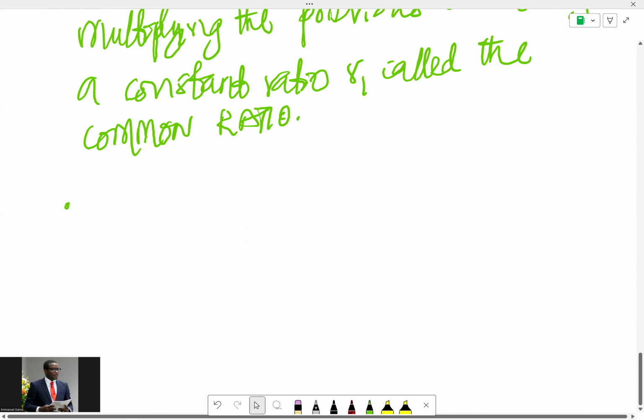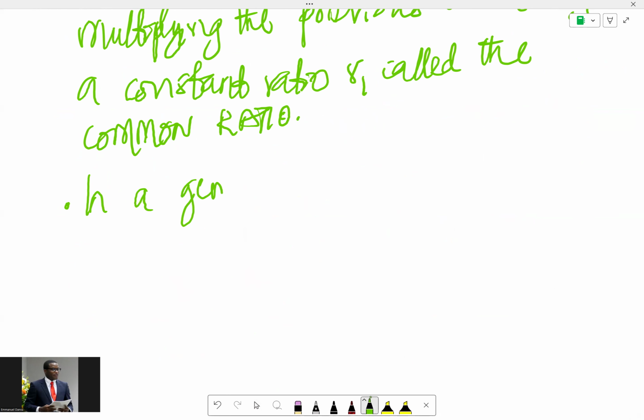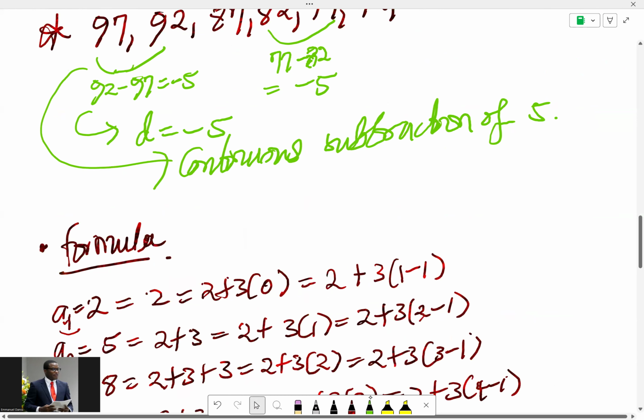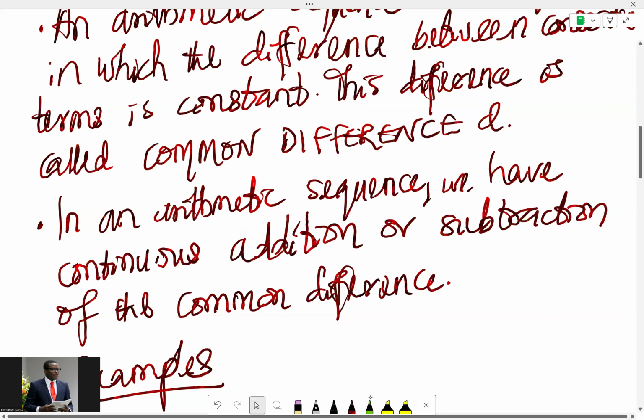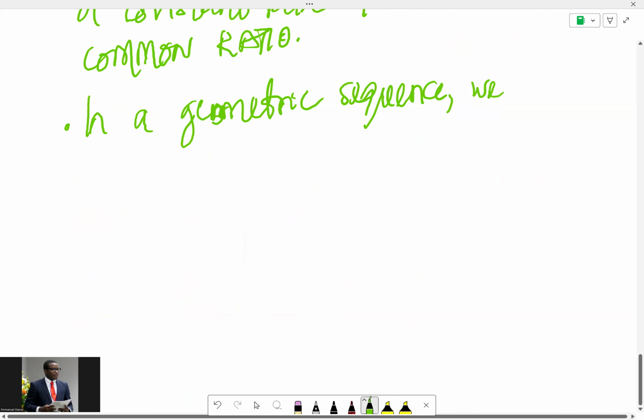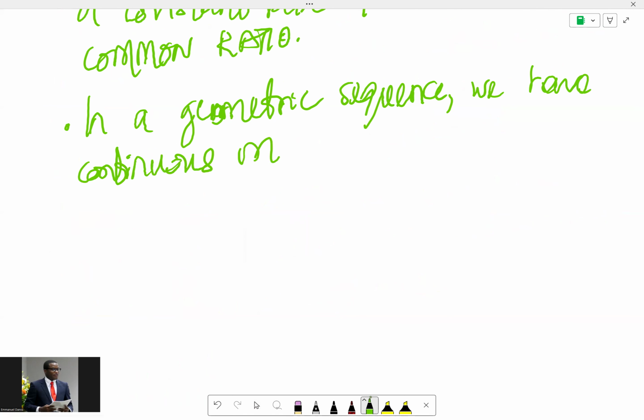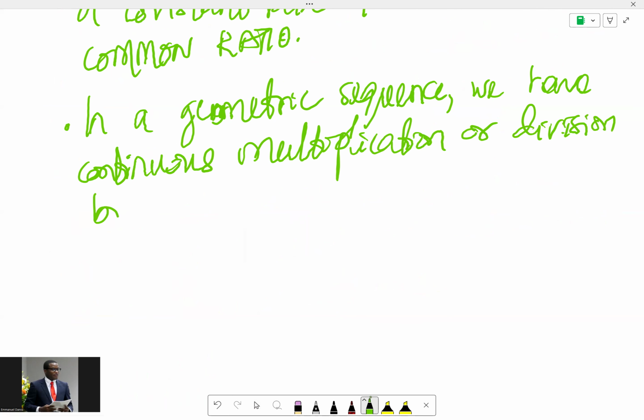So in that case, we can see that in a geometric sequence, we have continuous multiplication or division by the common ratio.